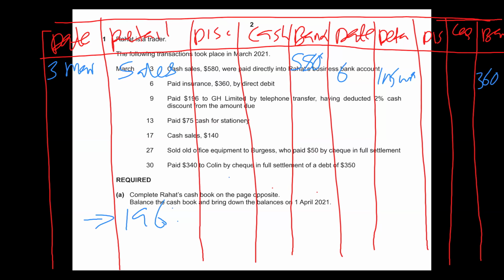But the question is, how much was it before they deducted the 2% discount? So how do you get how much it was before they deducted? You take how much they paid after the discount, which is 196, multiplied by 1 plus the discount rate in decimals. D is the discount. So you say 196 multiplied by 1 plus what? 2% is 0.02, right?